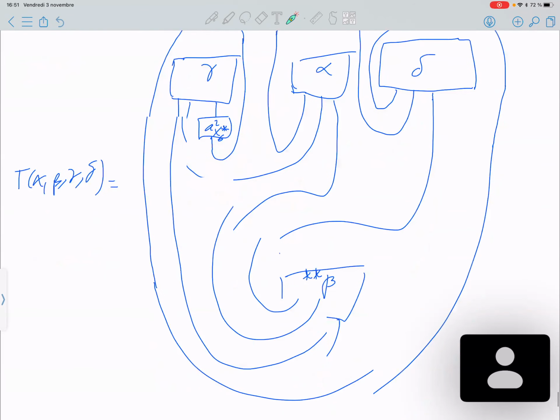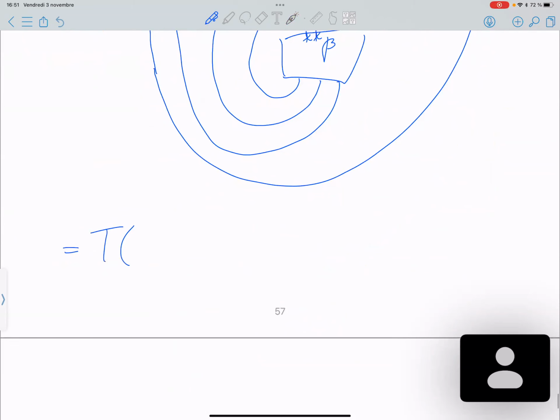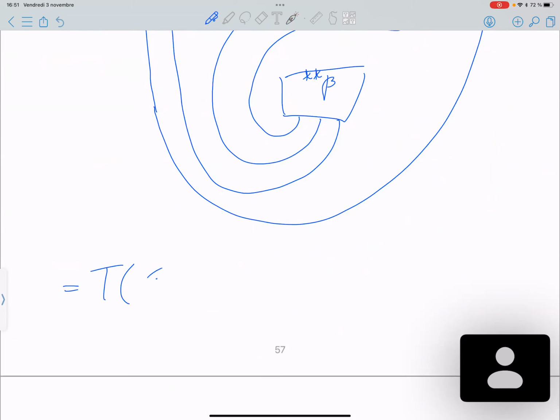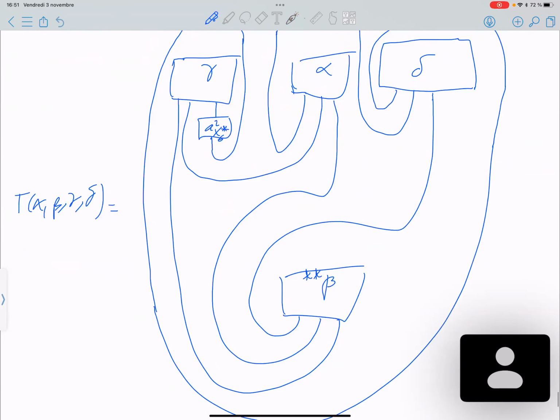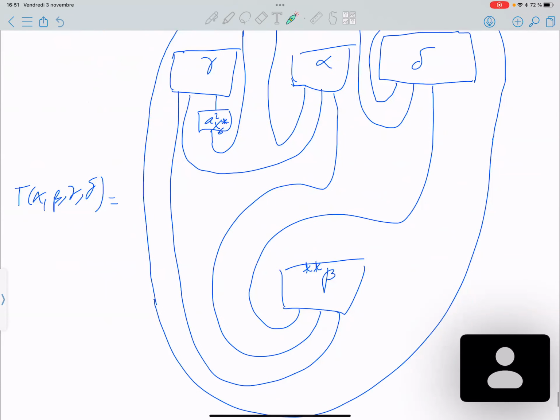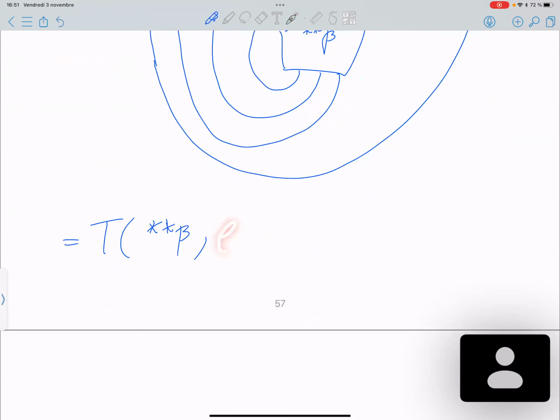So this is equal to T of, so here, double right dual of beta. Then here, you have rho inverse, and you apply 2 times sigma. Rho inverse, sigma square.